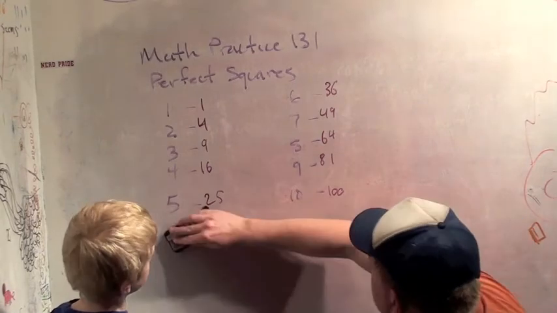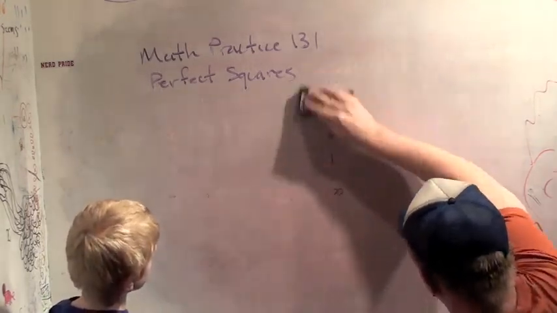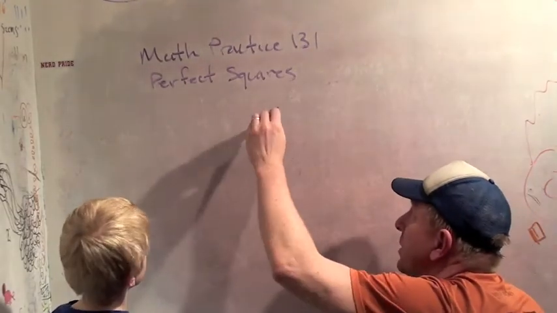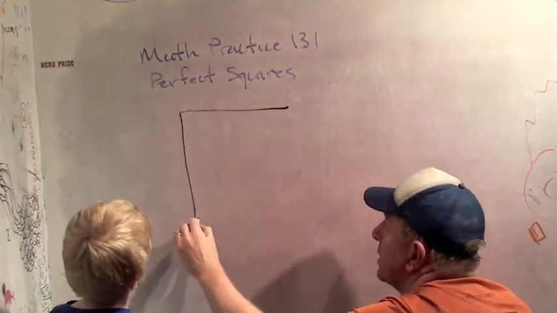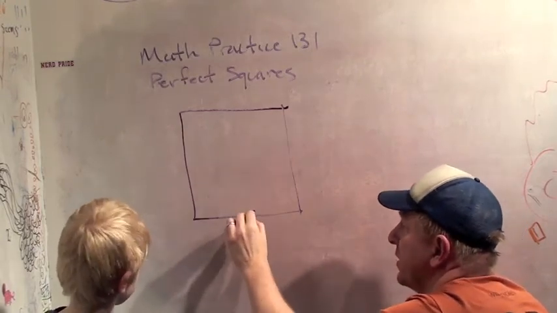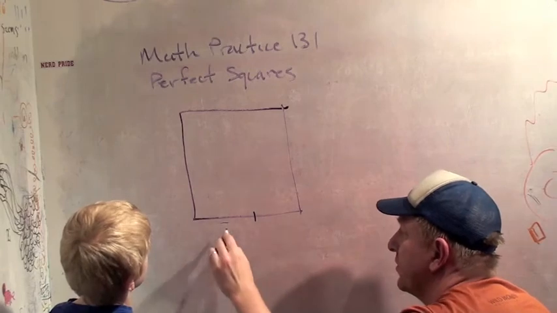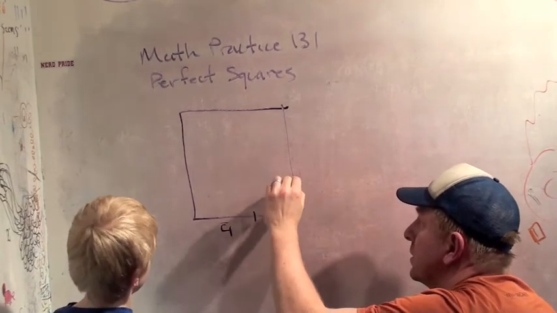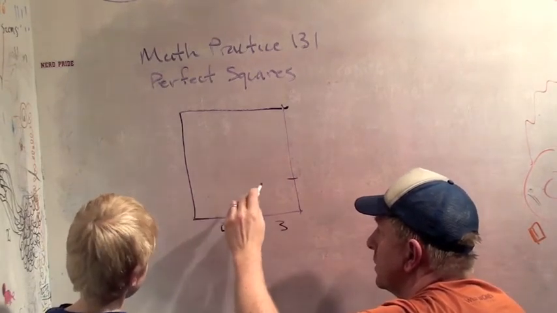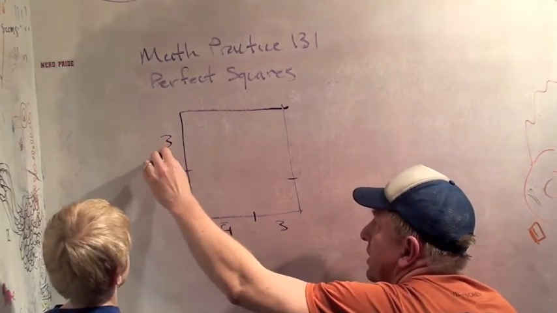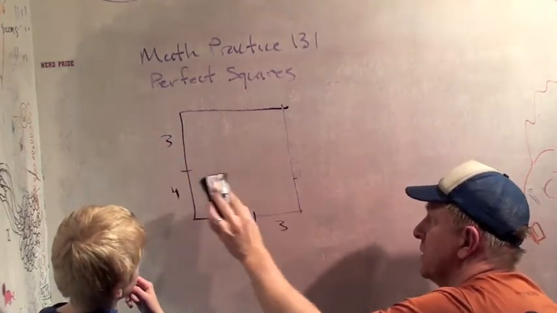And do you remember the other day with our duplo blocks, we said we could make a big square, and I think we did 3 and 4. I'll do 4 and 3.